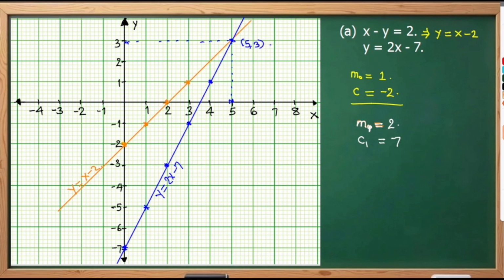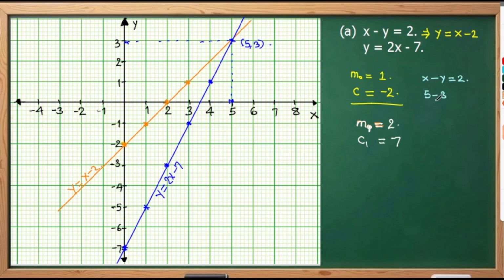So this point where they intersect gives the solution to these equations. Somebody can check it by saying that for sure if you substitute into any of these equations, it must give you the same result. So let's take equation 1 to check. Equation 1 is x minus y equals 2. If you consider the left hand side, the x value here is 5, and the y value is 3.